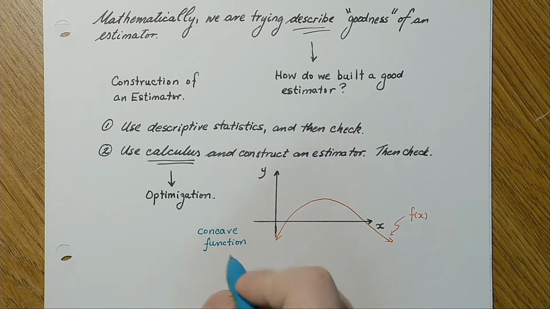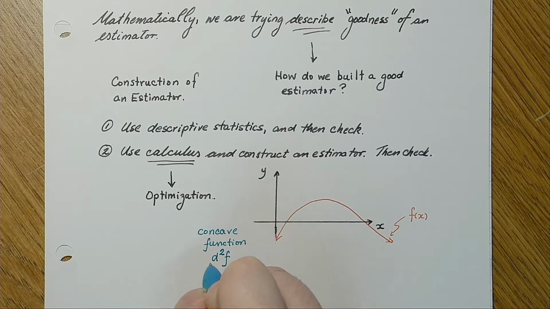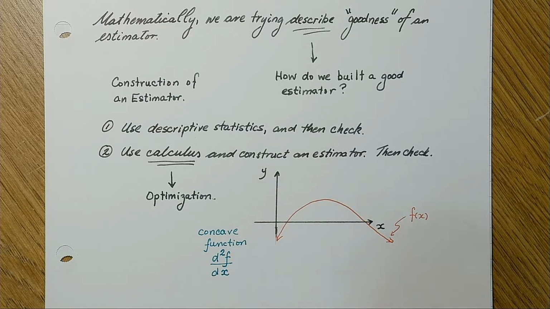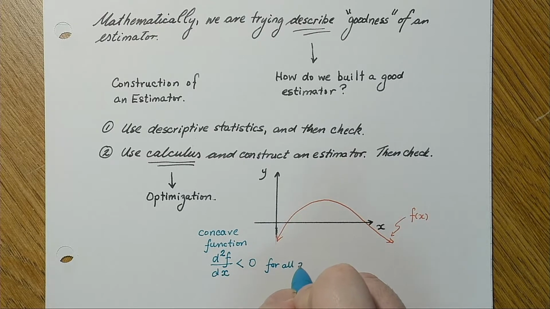So what it's saying is that if I take the second derivative, it's negative. And this is concave down for all x that I was drawing it for.